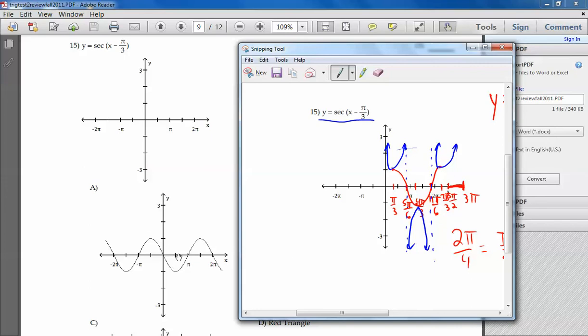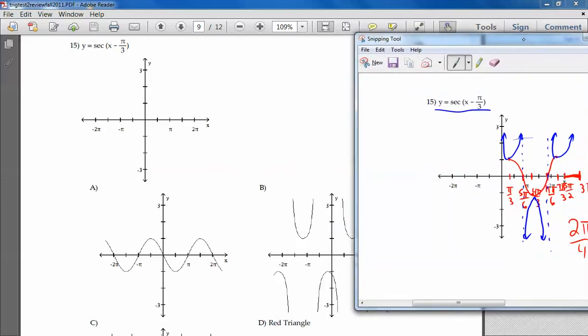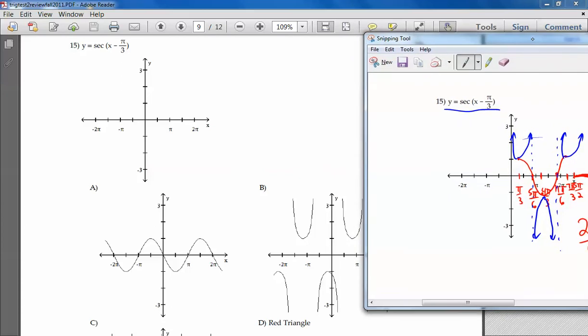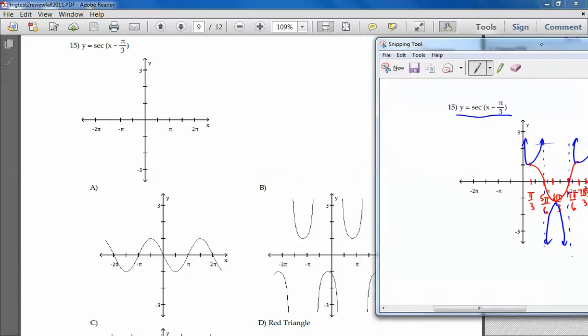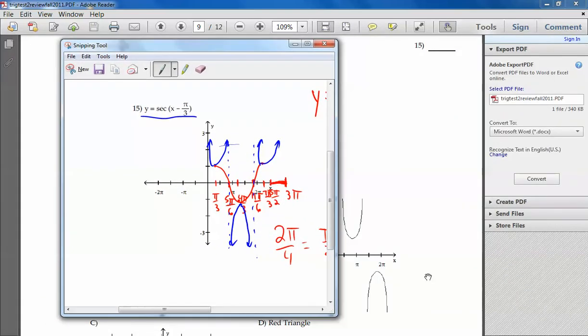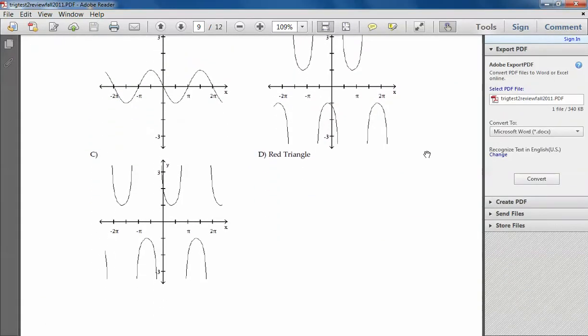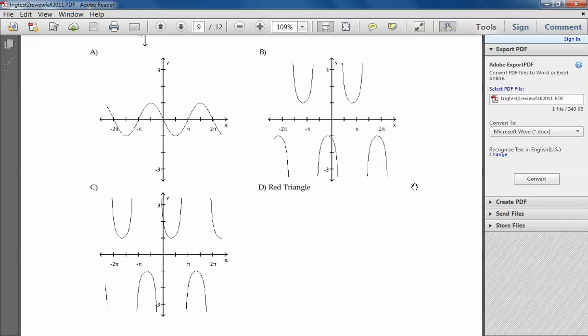That just looks like a negative sine of x graph. B looks kind of close to what we have, but let's check the other choices. C looks kind of close to what we have, and then D is a red triangle. My graph wasn't a red triangle, sorry.